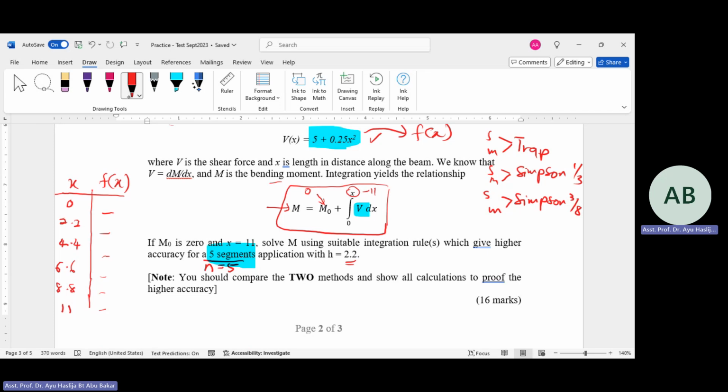Now let's check. Multiple Simpson 1/3. What is the minimum number of points that you require? Simpson 1/3 needs 3 points, so 1, 2, 3 can be used, but you have excess points. So you cannot use all Simpson 1/3.